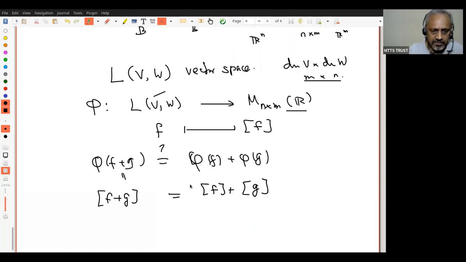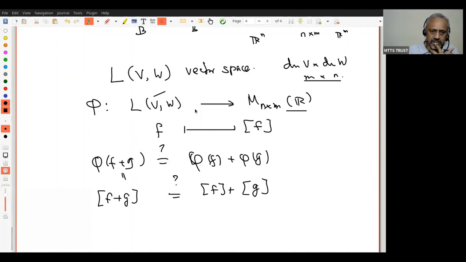Do you understand? Do not play with symbols. Try to understand the meaning. Phi of f plus g is the matrix of the linear map f plus g. Now phi of f is again a matrix, phi of g is again a matrix. So what is the vector addition here? It is addition of matrices. This is addition of linear maps. So we want to know this.